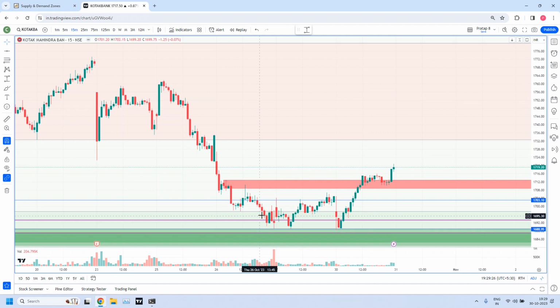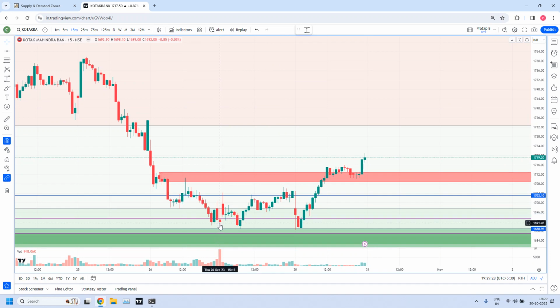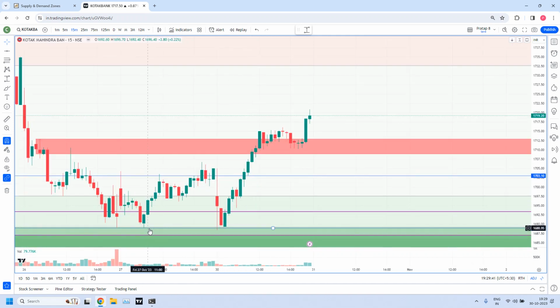But this concept is different. This concept is based on rejections. We get such rejections when there is a heavy order flow. It is very, very difficult, and even price passes very slowly.